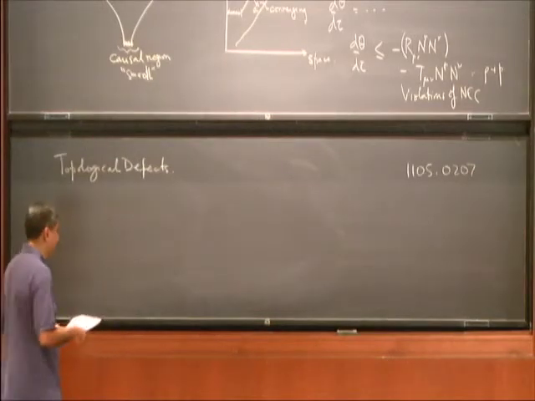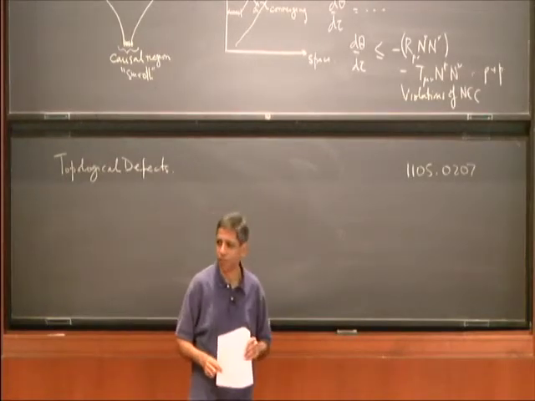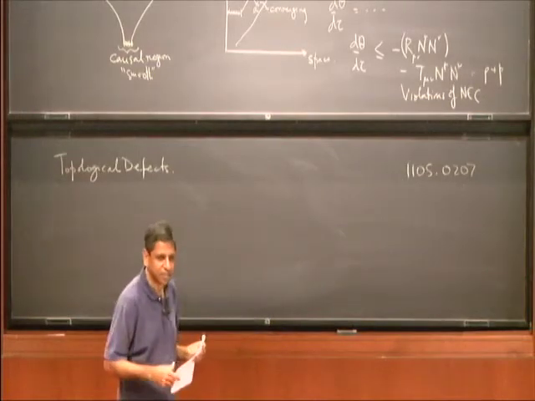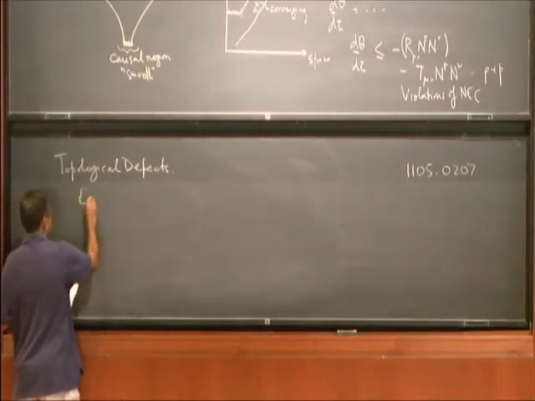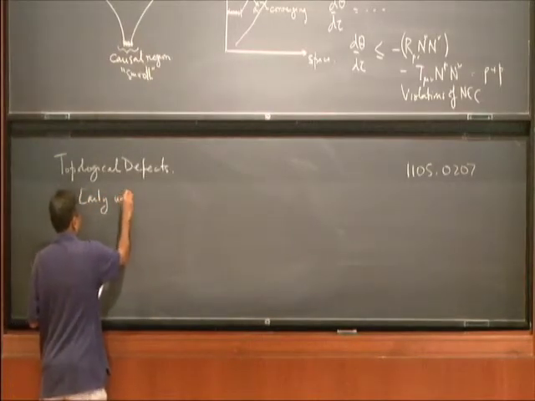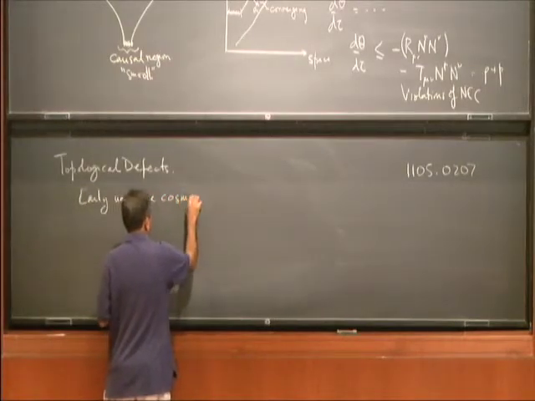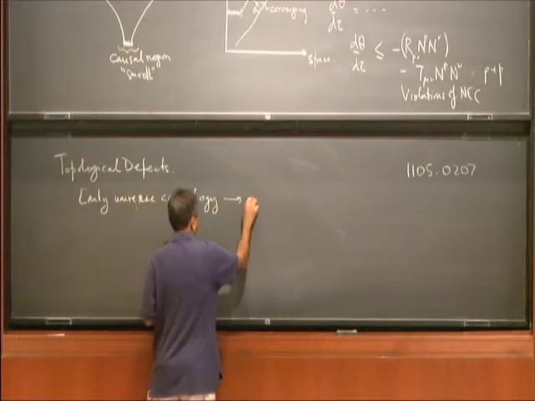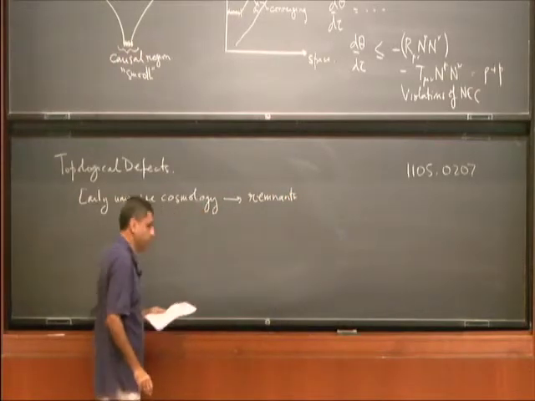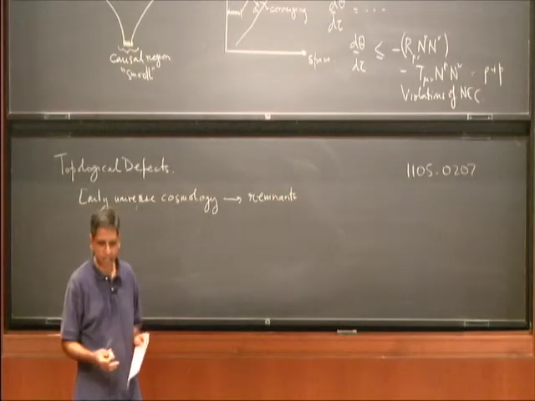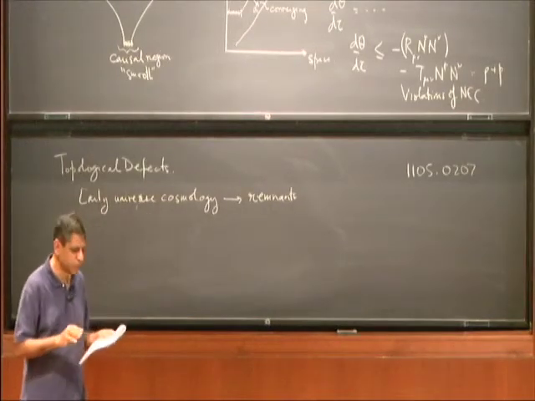So here I want to start by saying that early universe cosmology is all about remnants. Basically, remnants are objects that were created in the early universe that didn't thermalize. I mean, if it gets thermalized, then it's washed out.